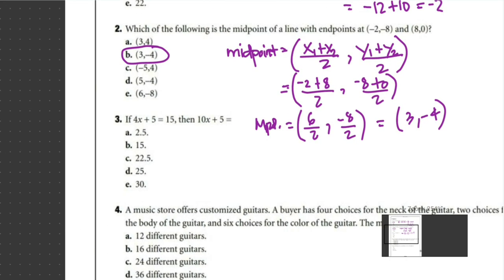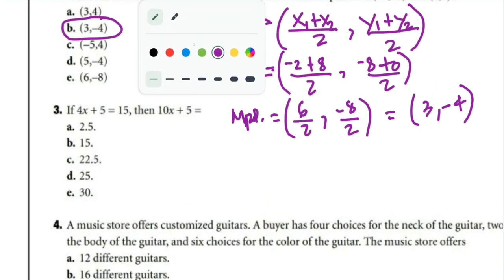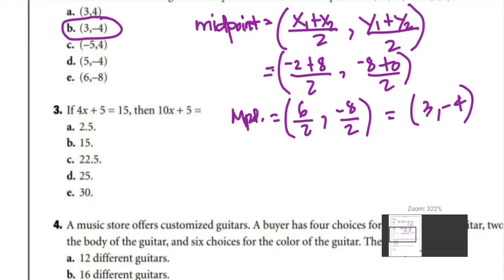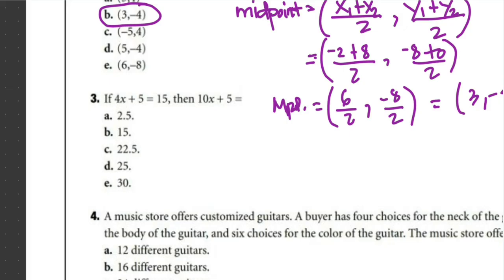Okay, then number 3. If 4x plus 5 equals 15, then 10x plus 5 is equal to. Okay. How are we gonna solve this?